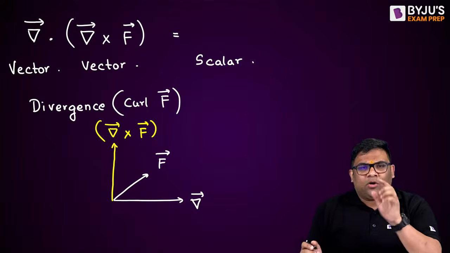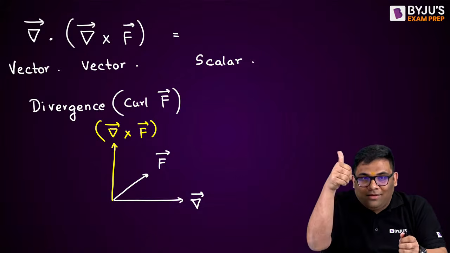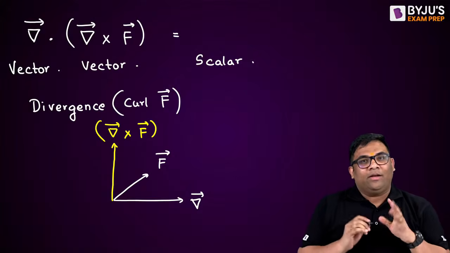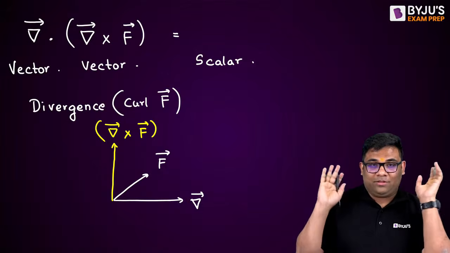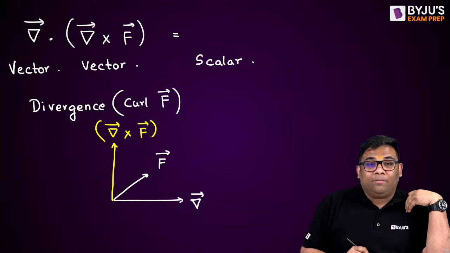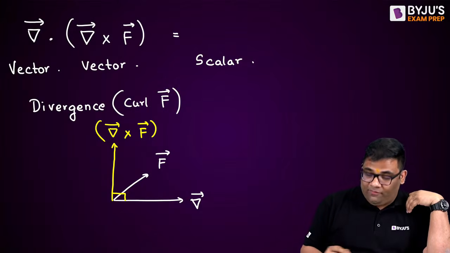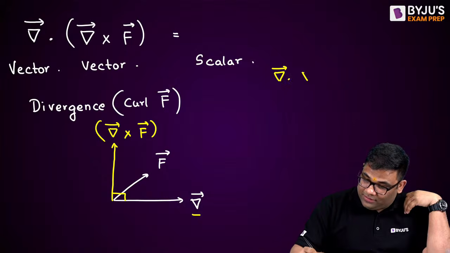Yes, because the cross product is perpendicular. We know this, right? Yes, right hand thumb rule. Remember? We forgot everything after childhood, so it is time to recall everything. So this will be perpendicular to both of them. That means it will be perpendicular to this del vector. Now, if you take divergence, del dot this, what will happen?